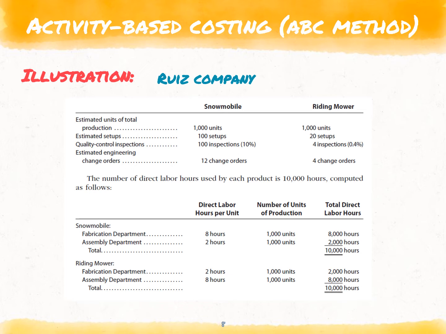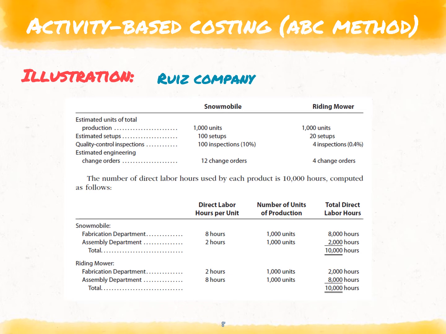In order to compute the total direct labor hours for the fabrication department and assembly department, the following will be used. For snowmobile, it requires 8 hours for the fabrication department and 2 hours for the assembly department, multiplied by the number of units produced, 1,000 units, for a total of 8,000 hours for fabrication and 2,000 hours for assembly, or a total of 10,000 direct labor hours for snowmobile.